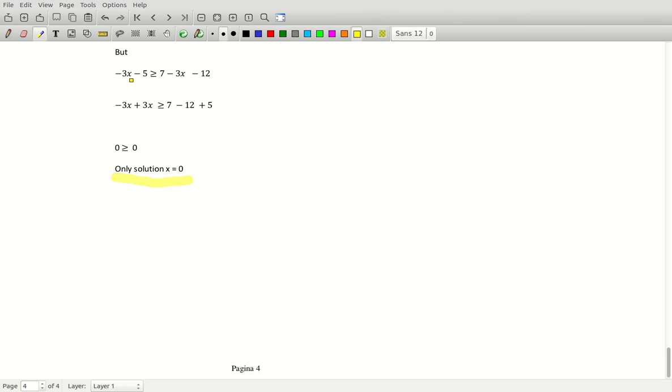For every value of x I put here, I always obtain a value 0 which satisfies the condition, because 0 is greater or equal to 0. In particular, 0 is equal to 0. So we do not have only the solution x equal to 0, but this is an identity, so it is verified for every value of x.